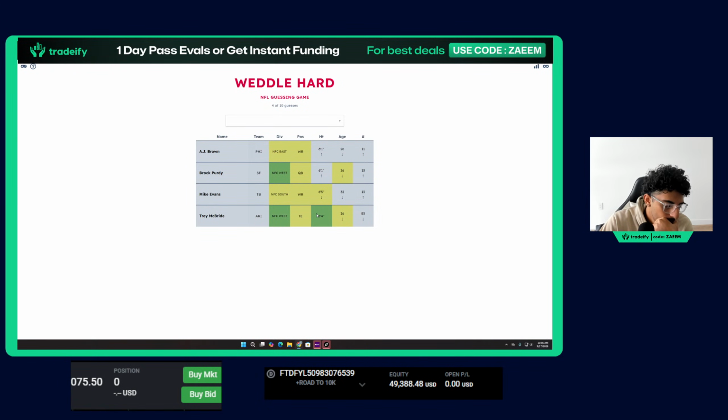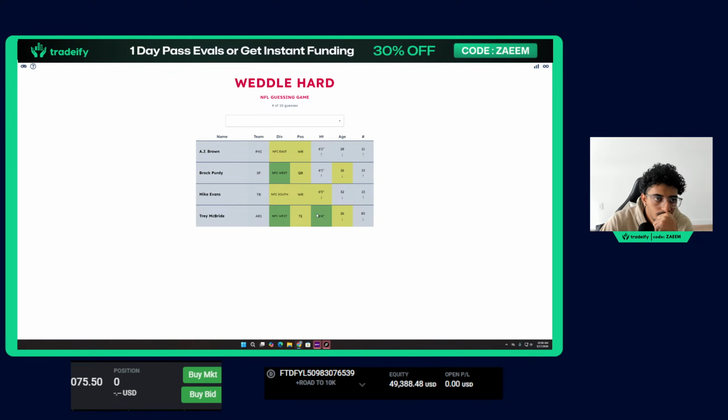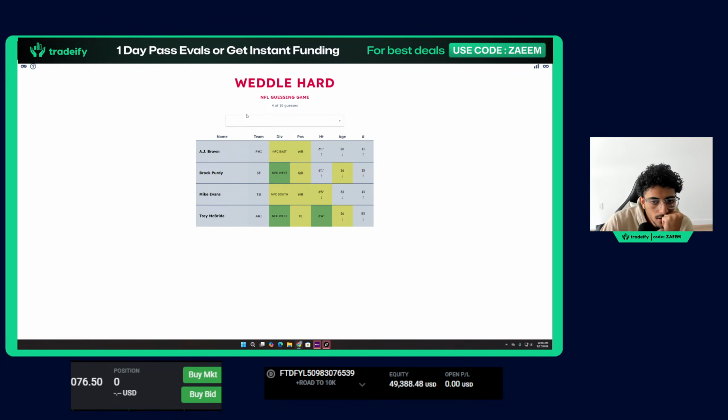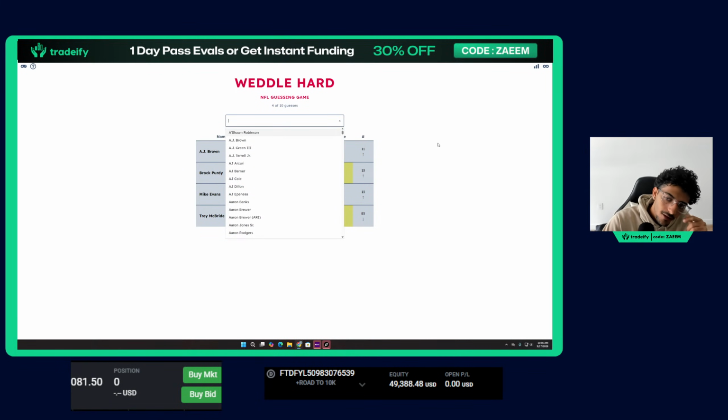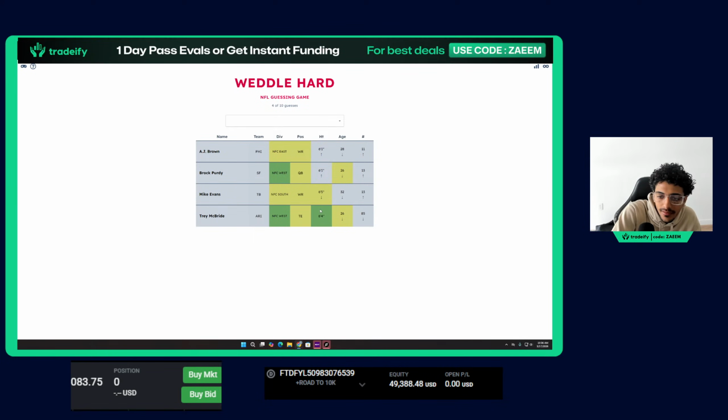Rams and the Seahawks. I'm missing a running back. I might as well go for a running back. I would say Corum, but he's super short. Kyron, no. I don't think there's a 6'4" running back.